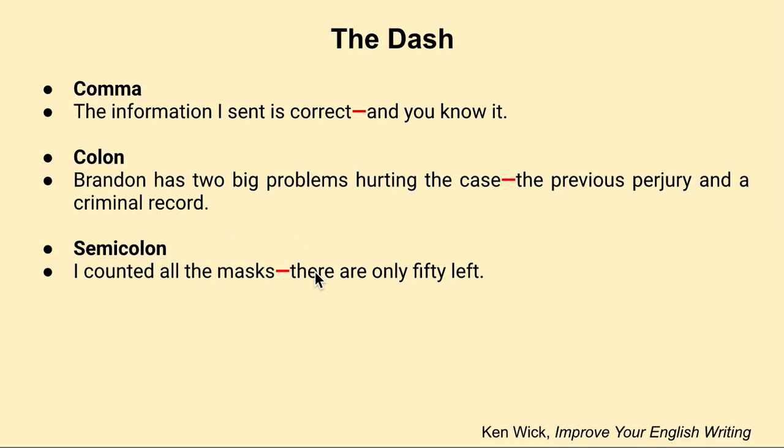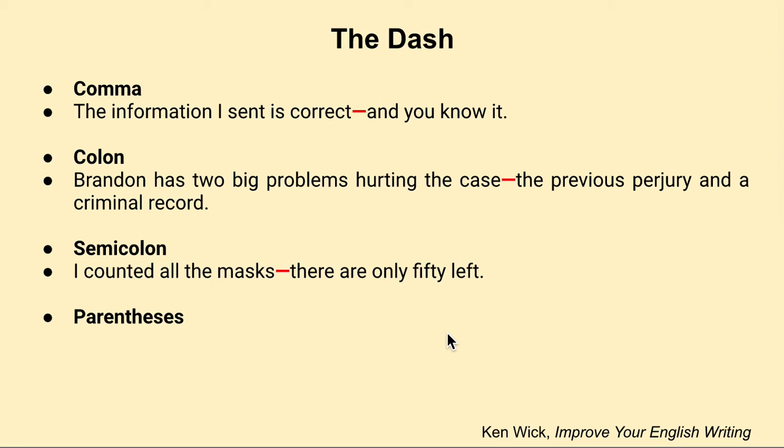There's no coordinating conjunction, and they are relatively closely related in my opinion, so you could use a semicolon here. But if you wanted to emphasize that only 50 are left, because that's a low number, then you could put a dash. So: I counted all the masks, dash, there are only 50 left.